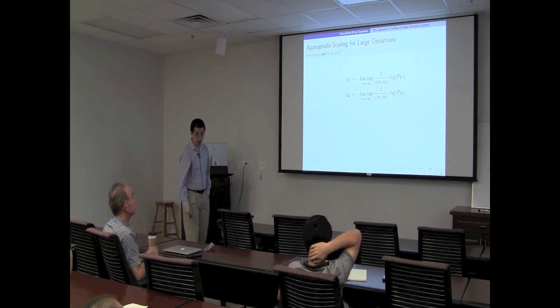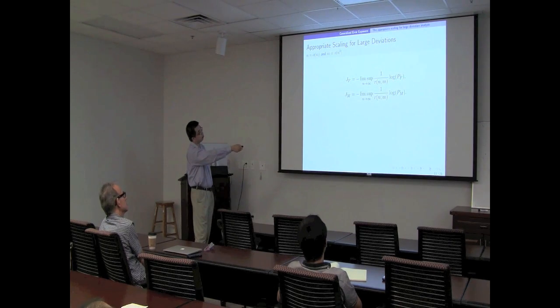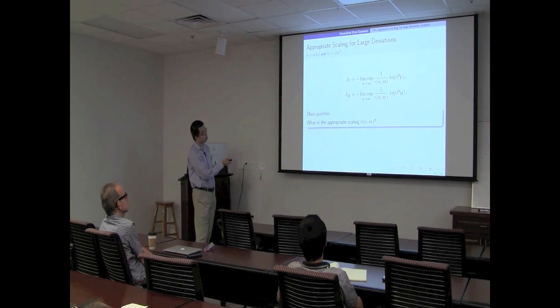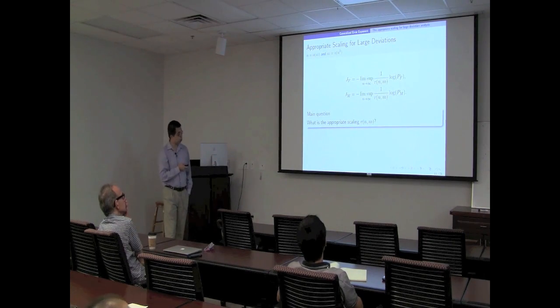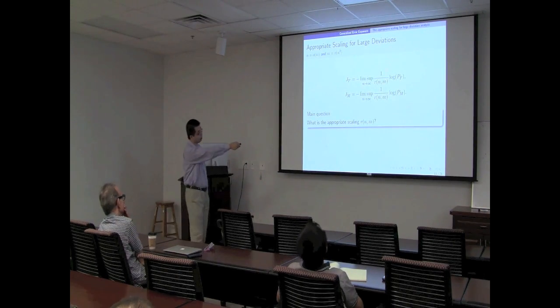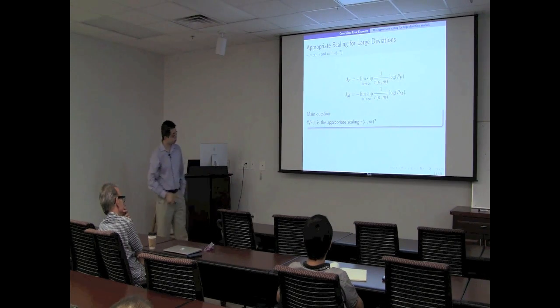And our question is, let's define the exponent in a different way. We still look at the log of the probability of false alarm, but look at a different normalization, a different scaling. Okay? And the question is, what's the right scaling here? Remember, in the previous exponent it was n here, but we know that in this case, it doesn't work.